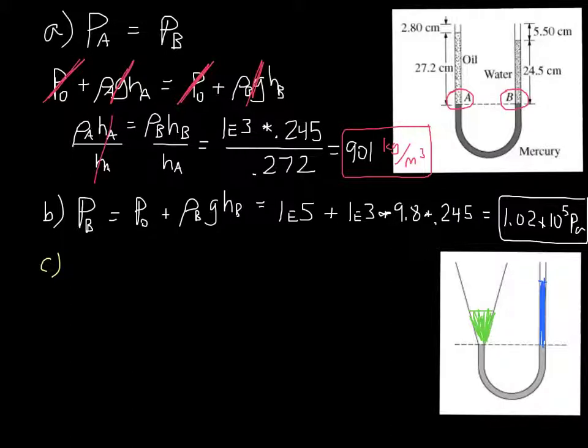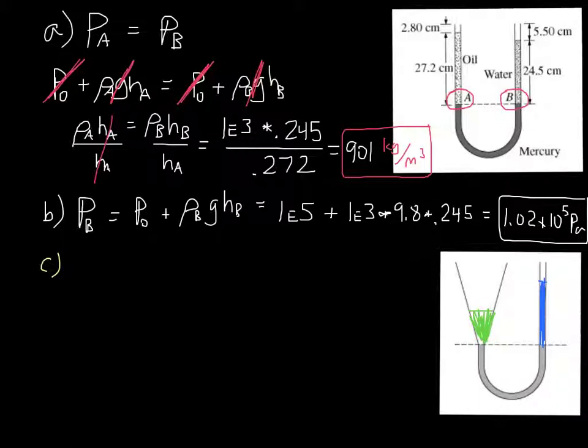Because the height on this side is now lower than it was up here, there's going to be less pressure at this interface, because remember, height depends on pressure. So because there's less pressure at this interface, that means the water still exerts more pressure, so this side over here will go down, so side B goes down, and then side A goes up.